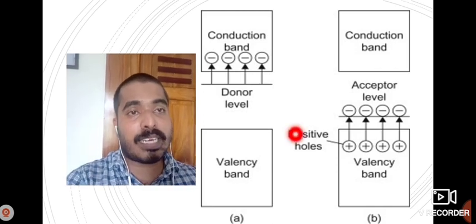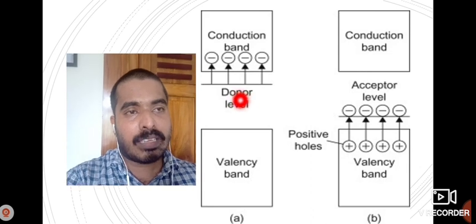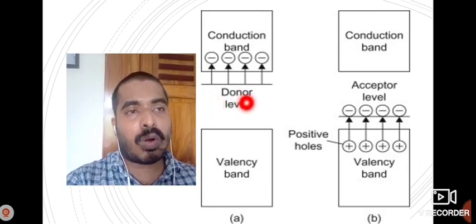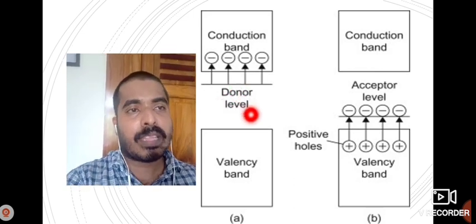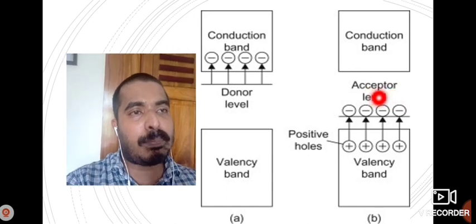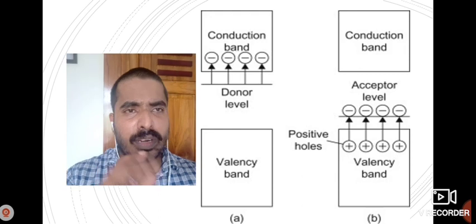So the first one is N-type. You can remember it like this: donor contains N, so the donor level is present in N-type semiconductor. Acceptor, in the spelling of acceptor you can see P, so the acceptor level is present in P-type semiconductor. Don't forget this.